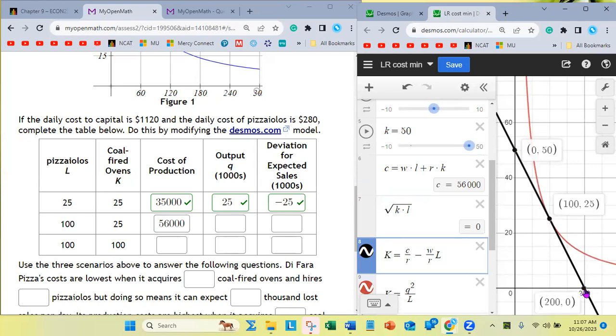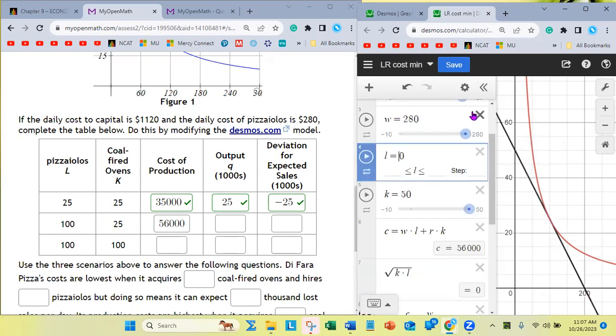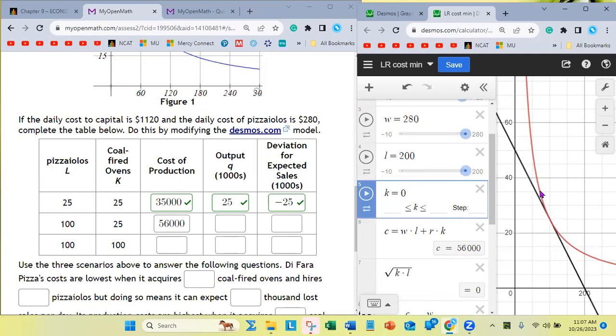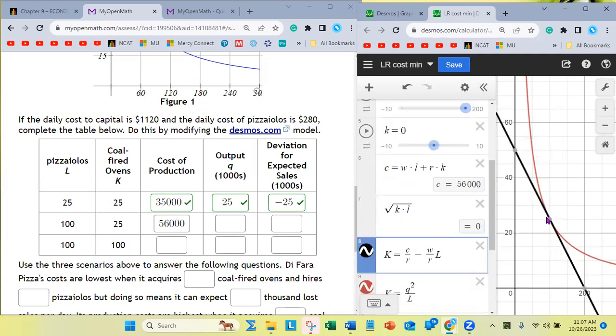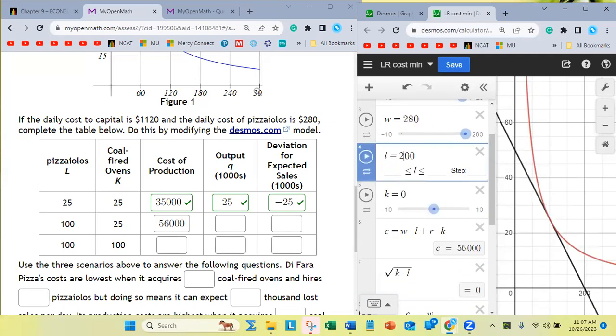I get the same ISO cost line. I can change this to 200 and 0, right? I get the same ISO cost line. Okay. So let me go back to 100 and 25.